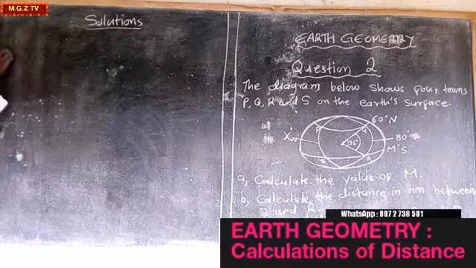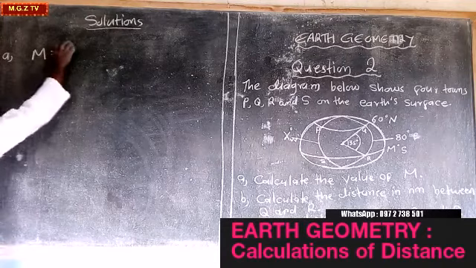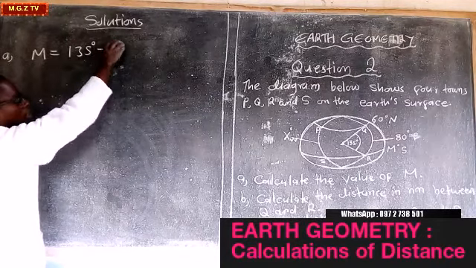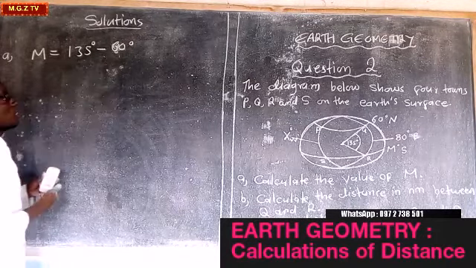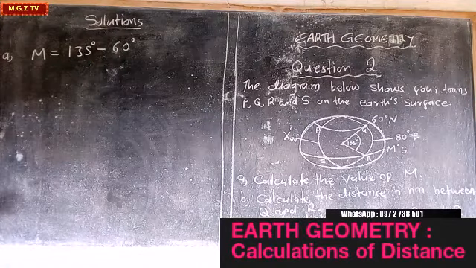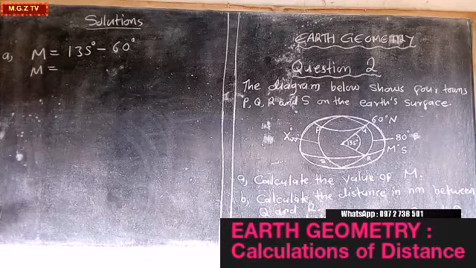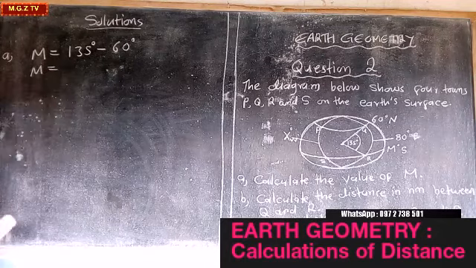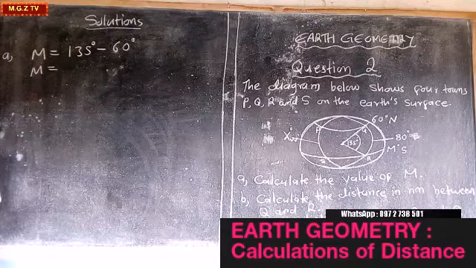So you say m is equal to 135 degrees minus 60 degrees, and therefore m is equal to what you get when you subtract 135 minus 60. 75.